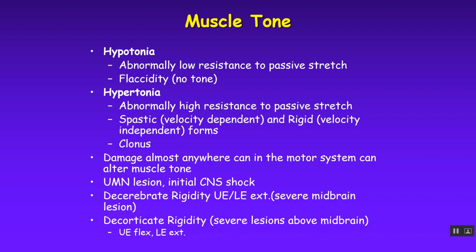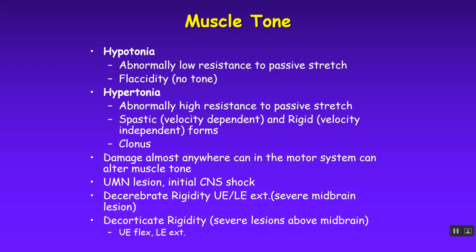Damage almost anywhere along the motor system can alter muscle tone. For an upper motor neuron lesion, and we're going to get to what this means, an upper motor neuron lesion is damage anywhere from the cortex through any of the white matter tracts descending through your brainstem and spinal cord before they get to your anterior horn cell. Damage anywhere in there is an upper motor neuron problem.